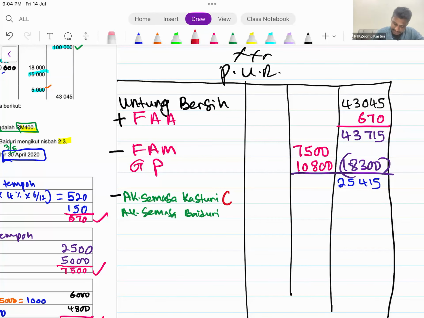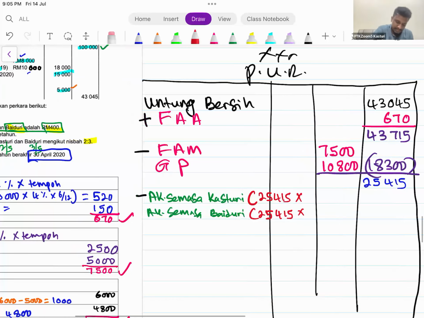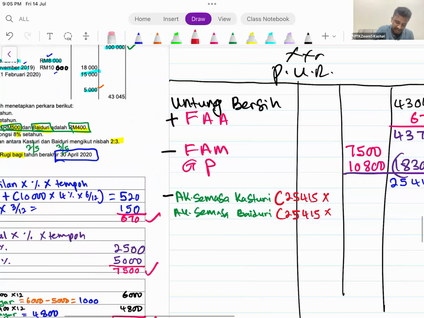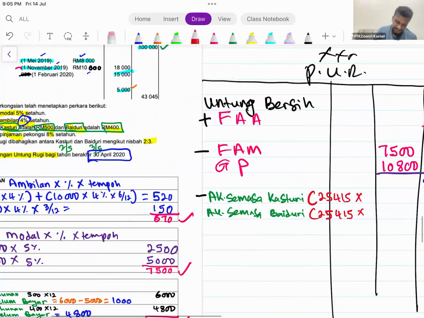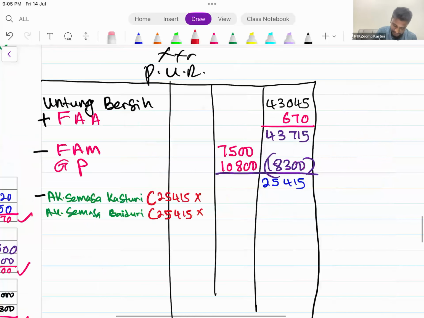Okay, open bracket, 25,415, darab dengan kongsi untung mereka. Apa kongsi untung mereka just now? Kasturi 2/5, Baiduri 3/5. So times 2/5, 3/5.